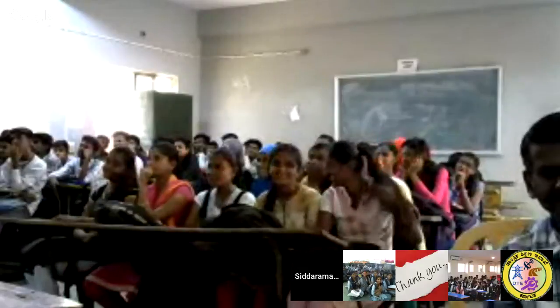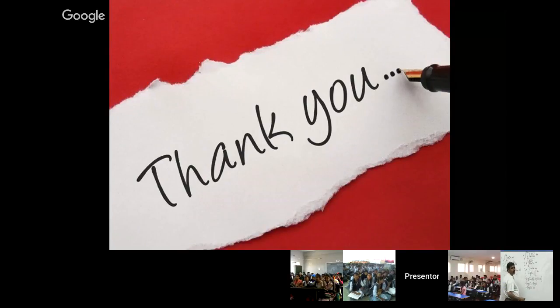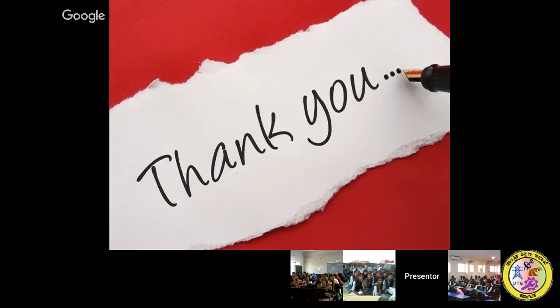Cos 45 is 1 by root 2. Secant 45 is root 2. Minus log of secant 0. Secant 0 is 1. This is log of root 2 minus log of 1, which is equal to 0. Log of 1 is equal to 0. Hence, the answer is log of root 2, right?